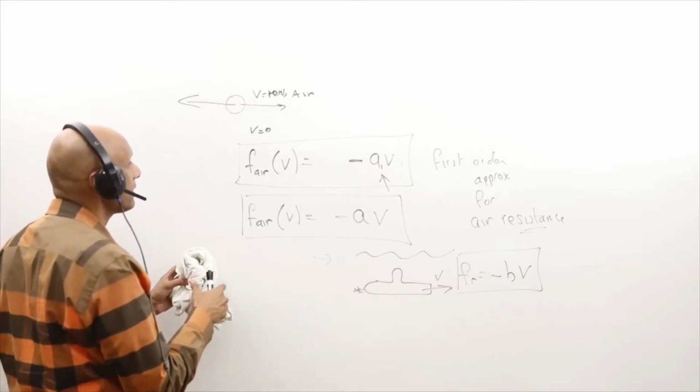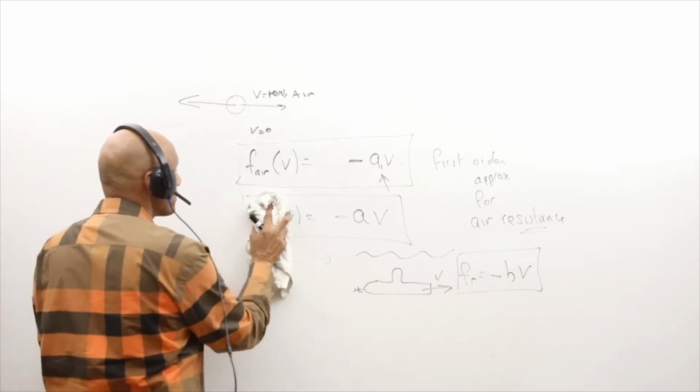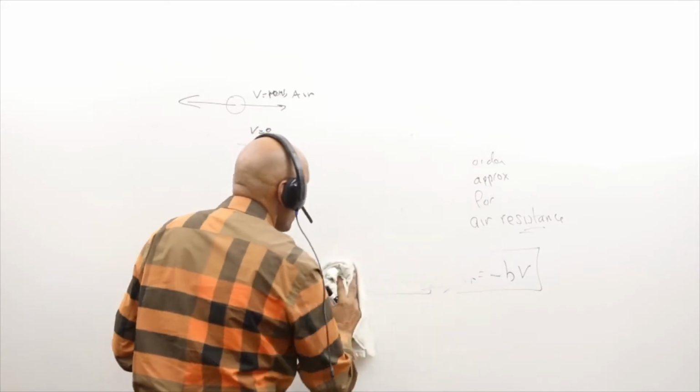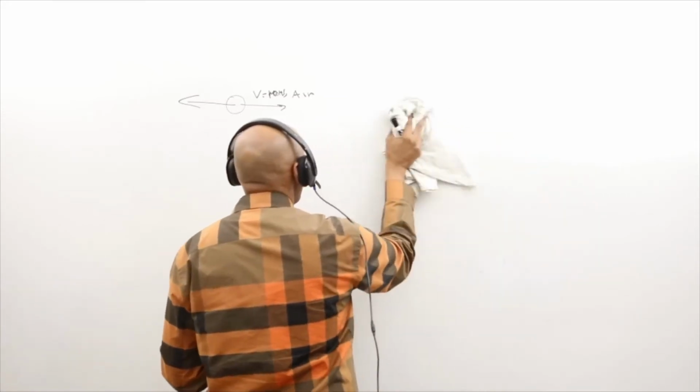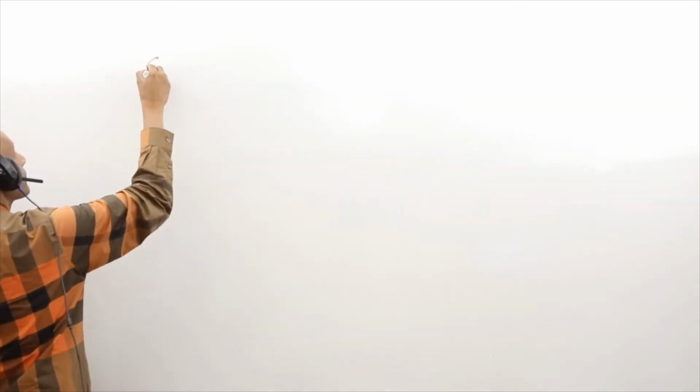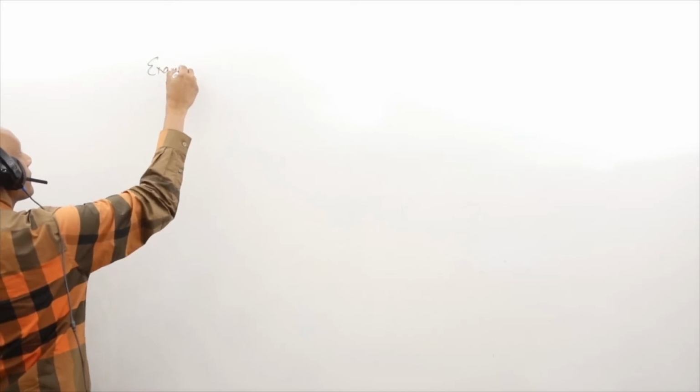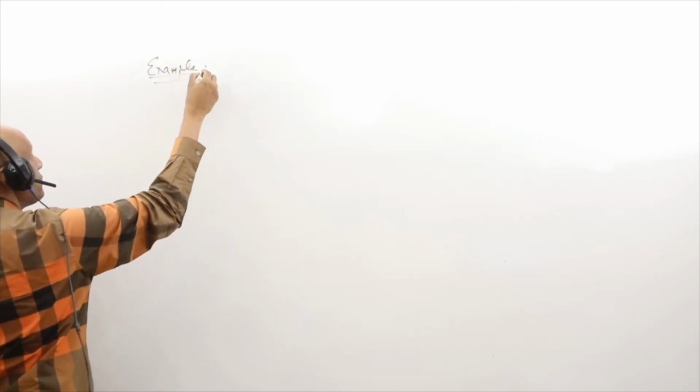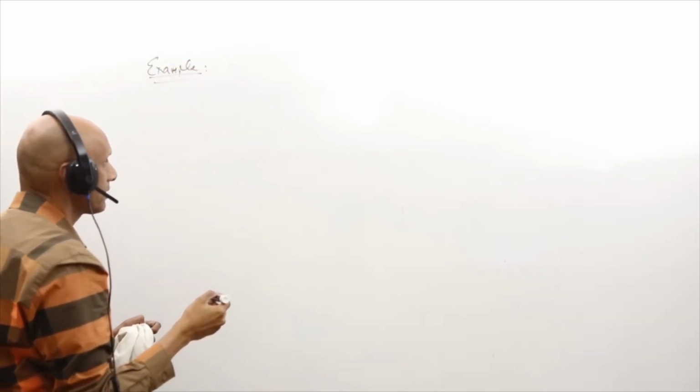But the main idea we want to look at is a velocity-dependent force. So I'm going to assume that we have an air resistance that's proportional to velocity. So imagine the following example. This is an example of using the velocity-dependent force.